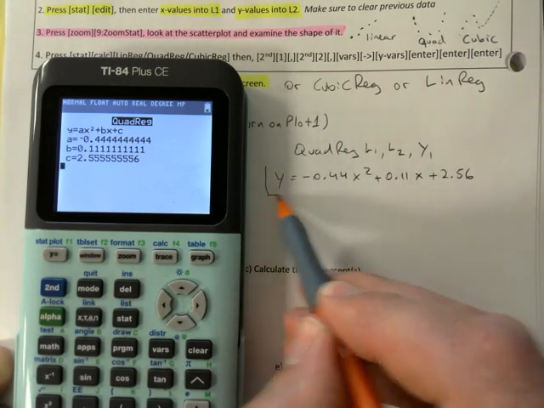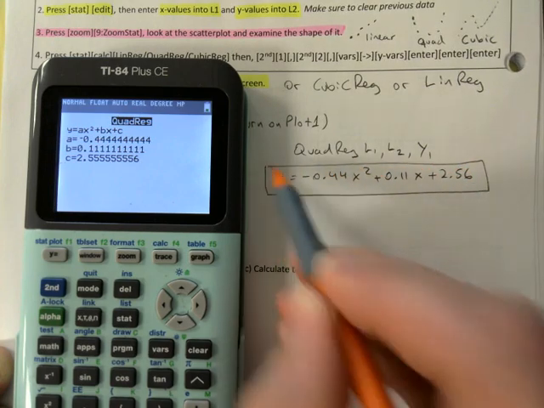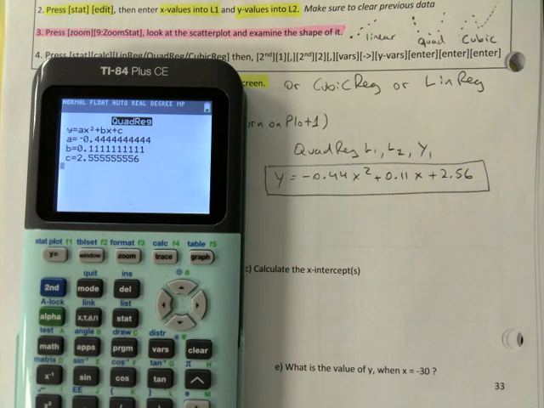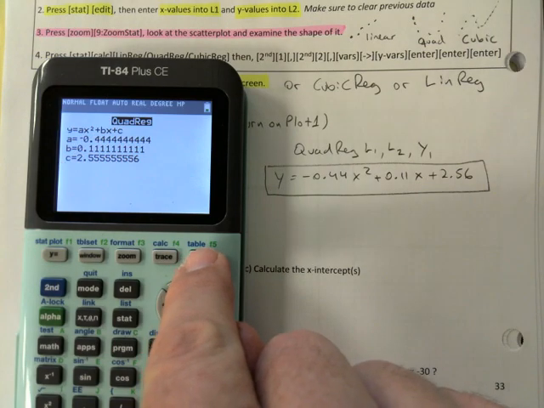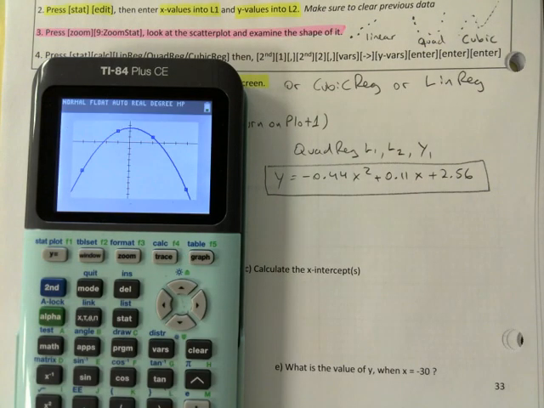There's my regression. Done. I can now hit graph. Because it's stored in Y1, if I hit graph right now, it's going to actually graph the parabola that fits that scenario. Okay?